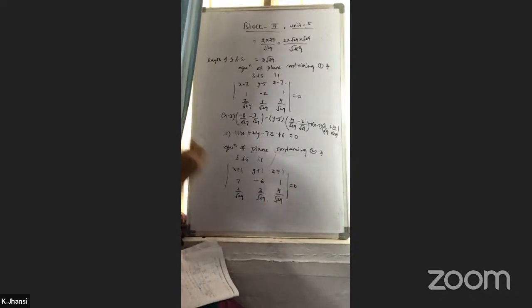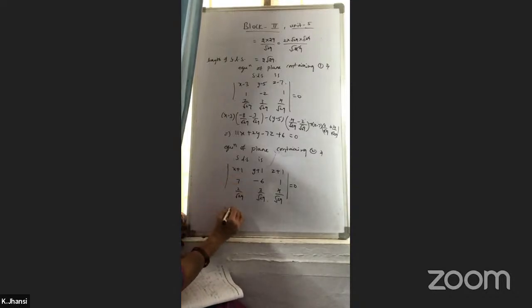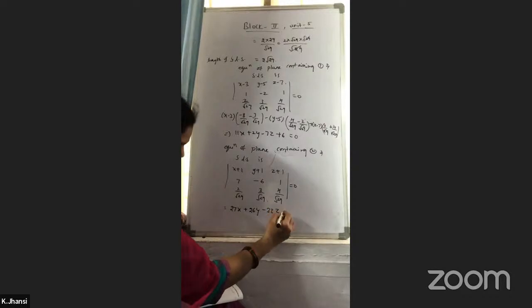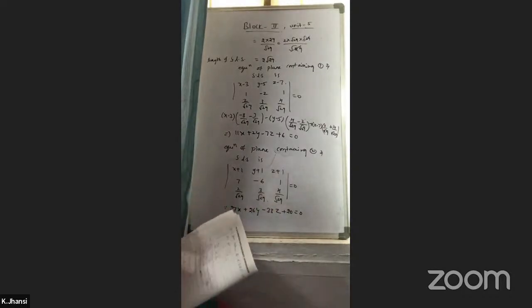When you simplify this, you will get the plane equation 27x, 26y minus 33z plus 20 equals 0. Okay, this will be the plane equation.